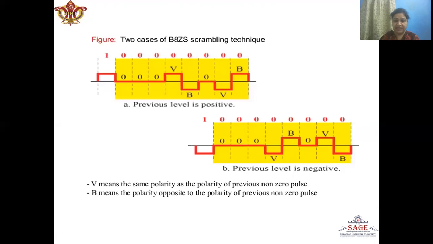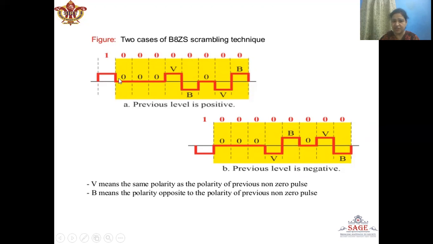Violation means that if AMI pattern is used, then the next one should be represented by negative voltage level because the previous one was represented by positive voltage level. But in the pattern, since violation is used, we will take 0, 0, 0, V.